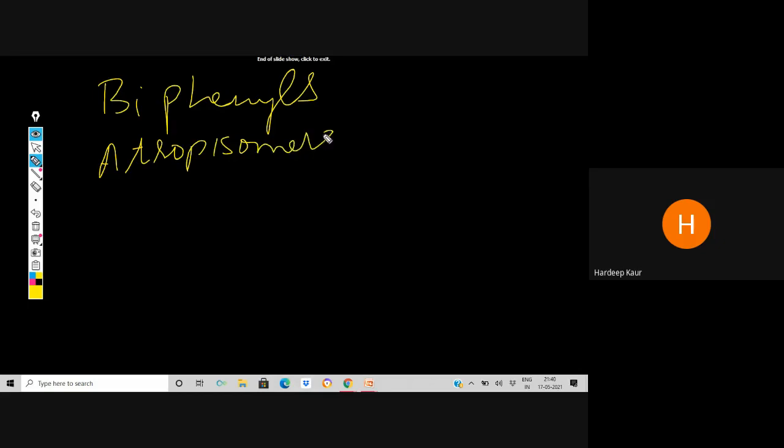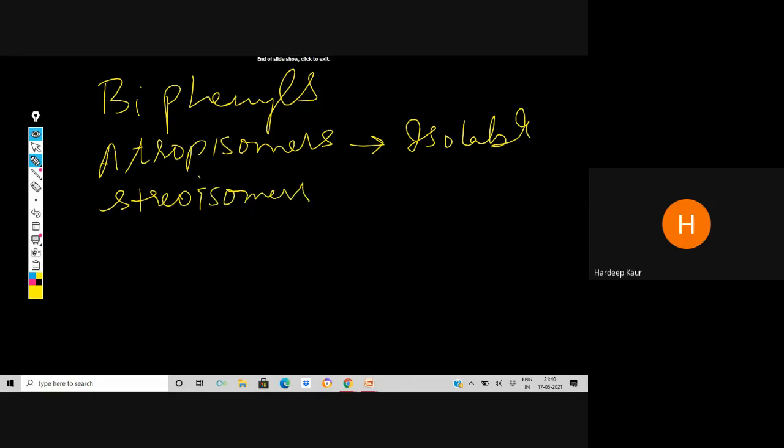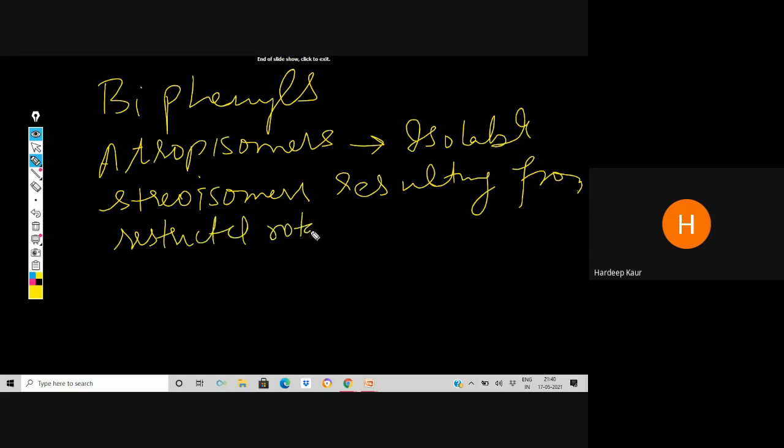Atropisomers are basically isolable stereoisomers resulting from restricted rotation about a carbon-carbon single bond, right?